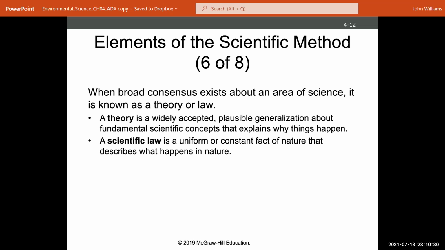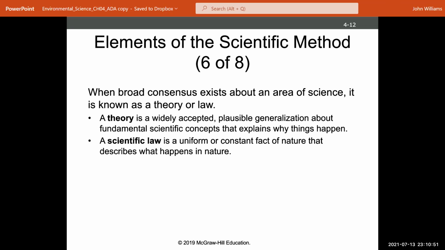So a theory is one of the strongest ideas we have in science, and so is a scientific law. So a scientific law is this uniform or constant fact of nature that, again, like a theory, is describing what happens in nature, whereas a theory is explaining why things happen, right?